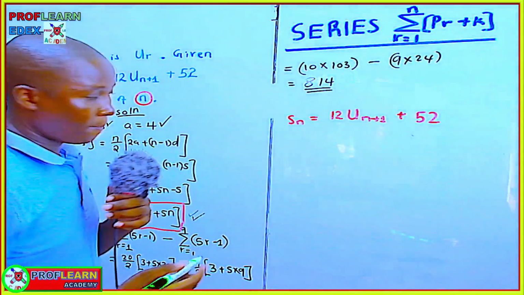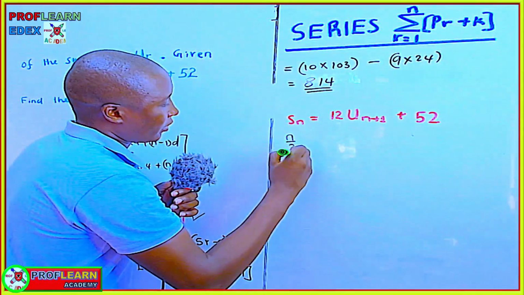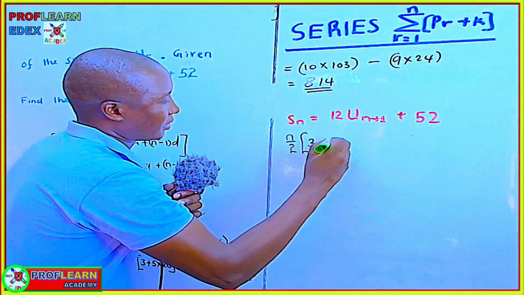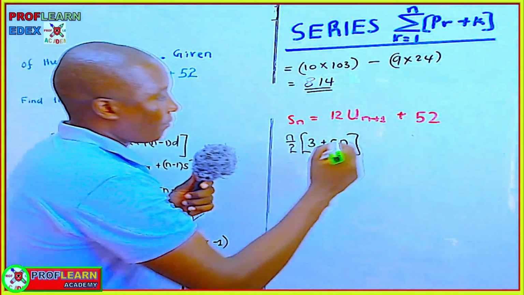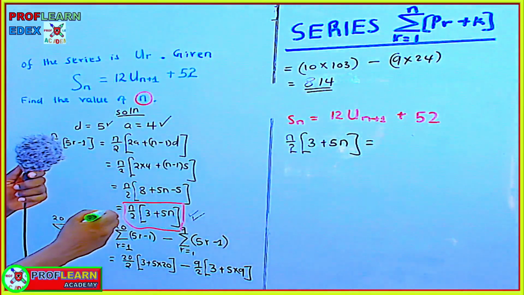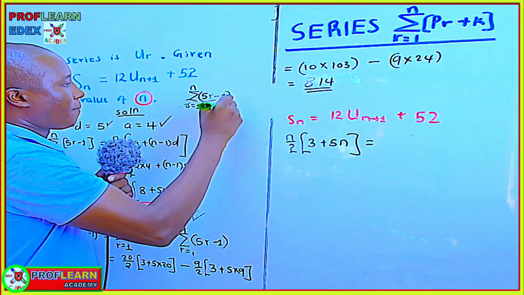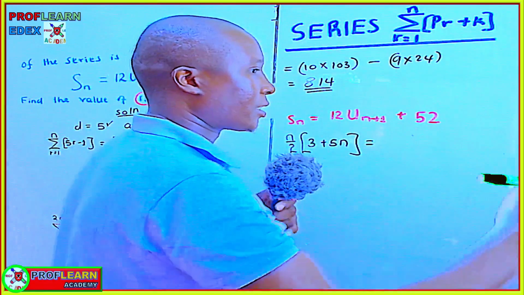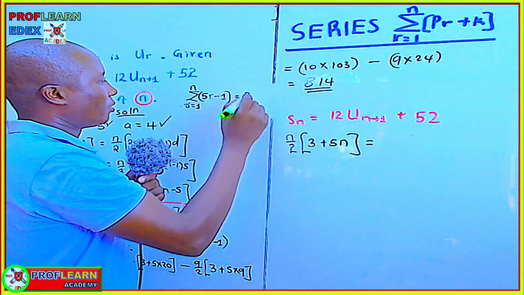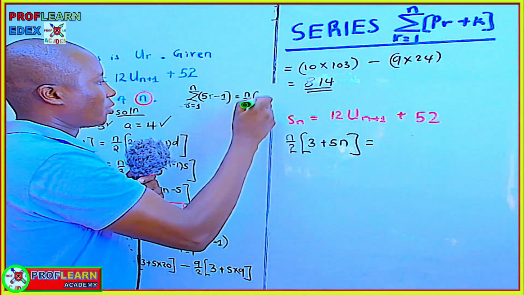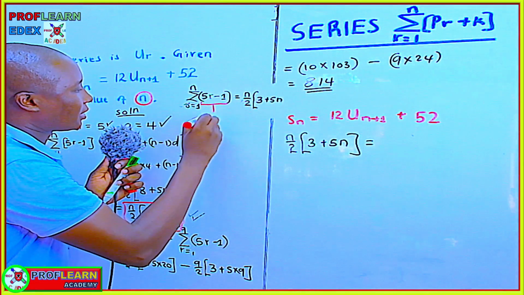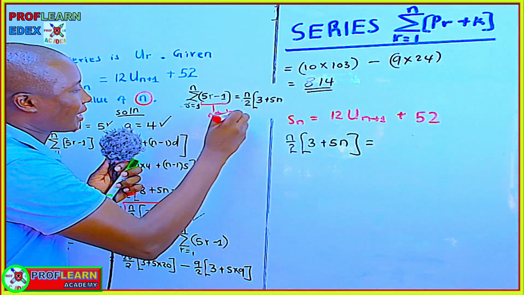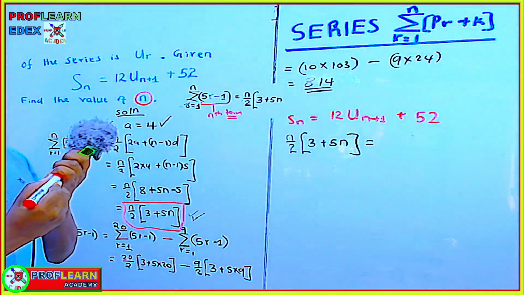Already it was given. Then we're going to say n over 2 into bracket 3 plus 5n, that is the sum of n terms, is equal to the expression we were given originally, over 2 into 3 plus 5n. This expression that we have here represents the nth term. That's what it represents, right?